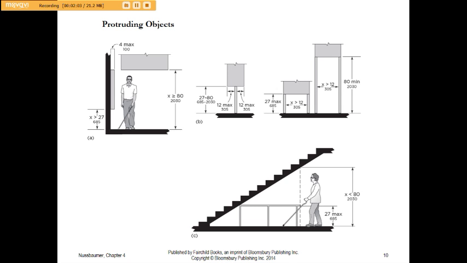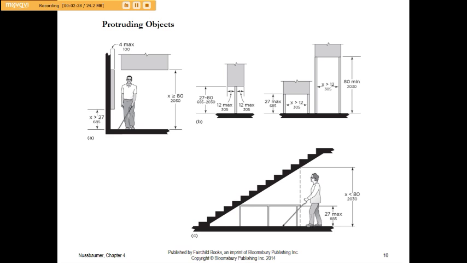For someone who's lost their sight and is using a cane particularly, their most important zone is from 0 to 27 inches. This is the area with which the cane would be able to hit and find an object that was protruding. And this is why anything that's above 27 inches needs to only protrude out for 4 inches. And this does affect interior designers.